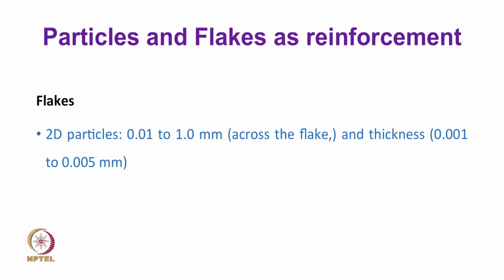Another type of particle is the larger particle, which is known as flakes. Actually, it is a 2-dimensional particle ranging from 0.01 to 1 millimeter, a large size flake. This flake has a very small thickness.